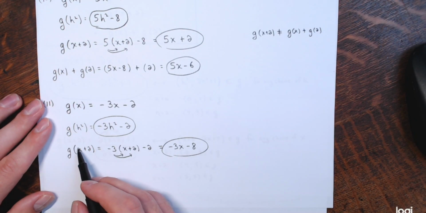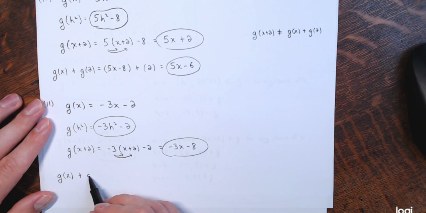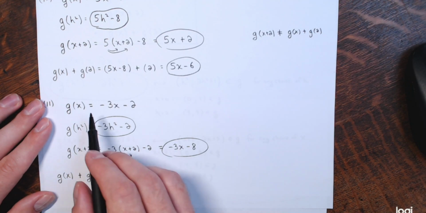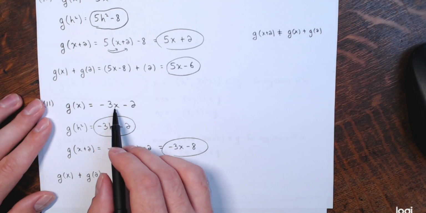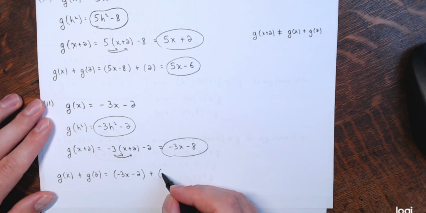And then suppose we distributed the function name, even though you can't. Let's see what we get. What's g of x plus g at 2? Now the value of g at x is given here, negative 3x minus 2, plus, and then the value of g at 2 is negative 3 times 2 minus 2. That's negative 8.